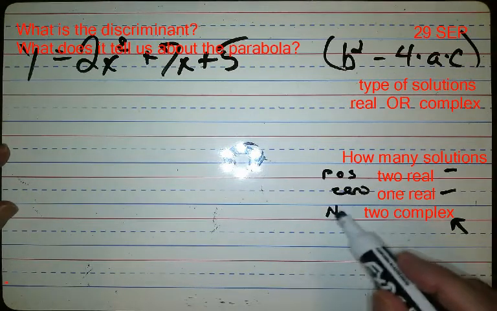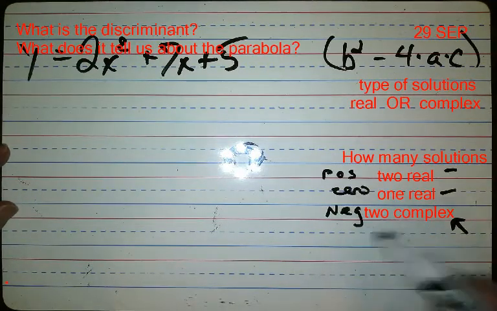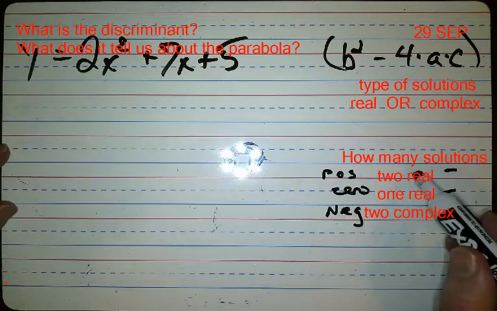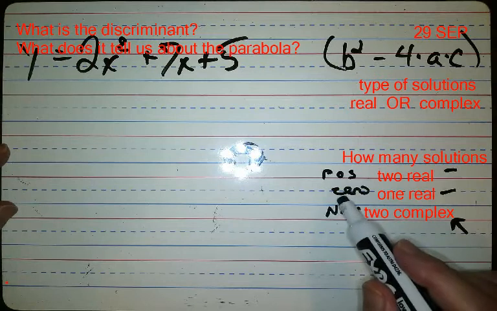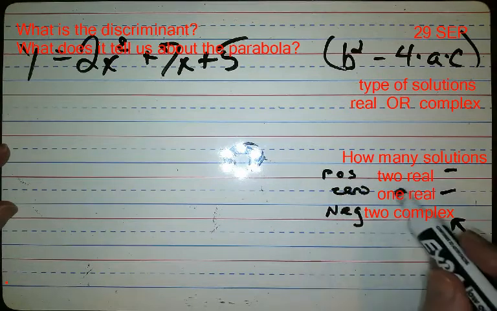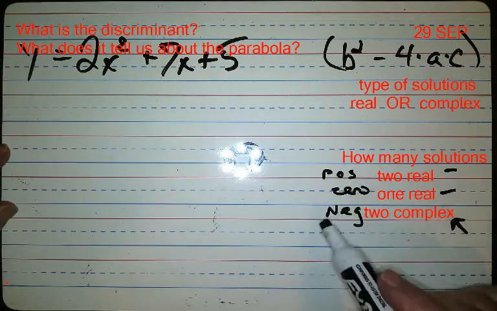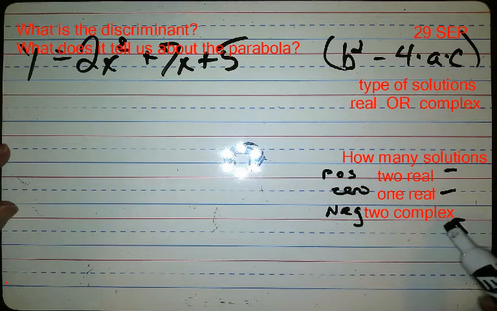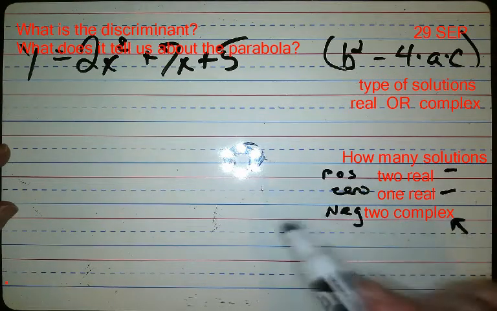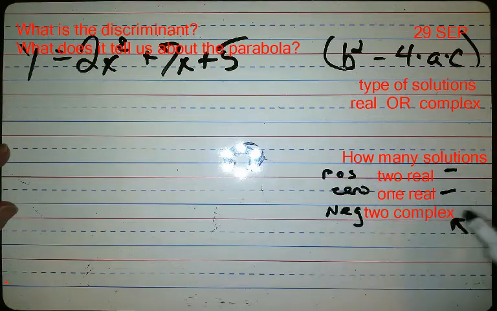Or is it going to be negative? Because if it's positive, there'll be 2 answers, and they'll be real. If it's 0, there'll be 1 answer, and it'll be real. And if it's negative, there'll be 2 answers, but they'll be complex. Today we're not finding the answers, we're just deciding how many there are.